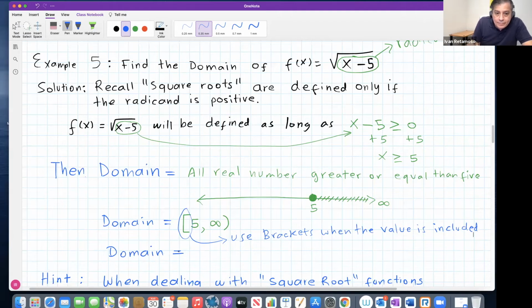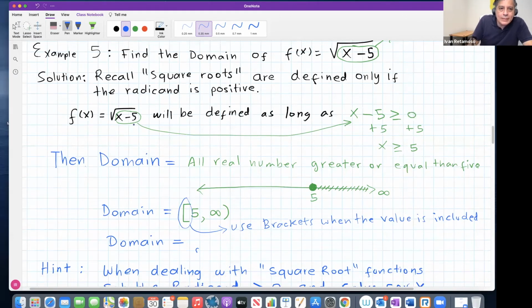But now, how do you express this using set builder notation? For set builder notation, you have to do the following. Open up braces, you say the set of all x such that, and here the property, x greater or equal than 5, and then close braces. That's it.